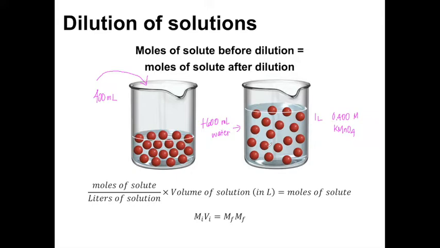So let's go back to the definition of molarity. Molarity is moles of solute over liters of solution. So if I cross multiply this, I have moles equals molarity times volume.